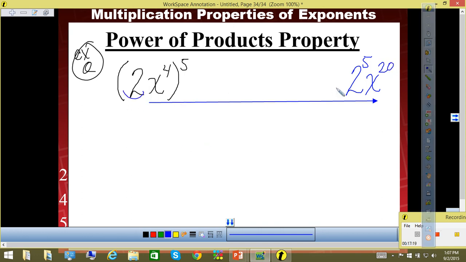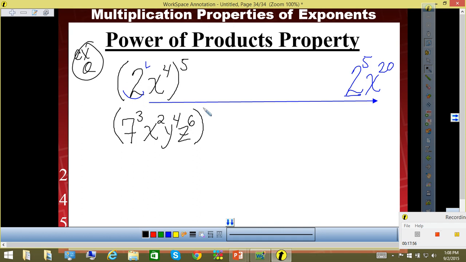Let's see. Copy that, please. And just to clarify, I'm going to write one more underneath. That's 7 cubed, x to the 2nd, y to the 4th, z to the, give me a number, 6, and all that to the 8th power.